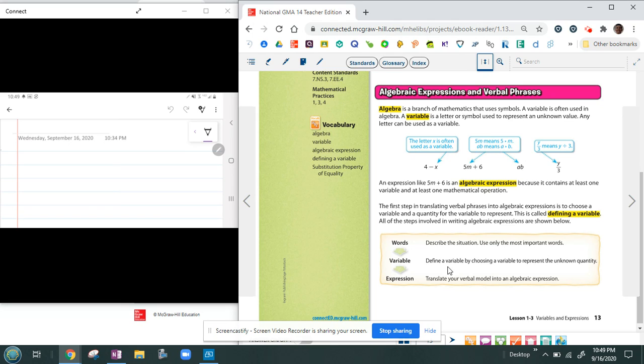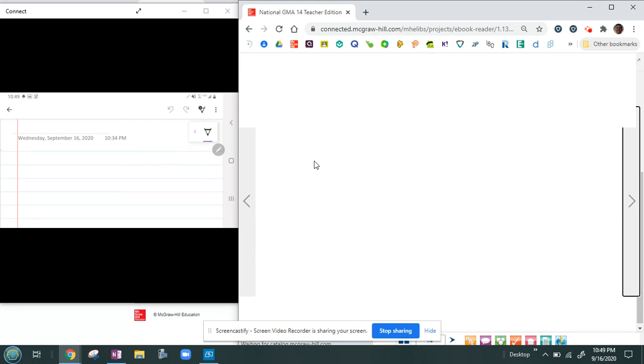Then we define our variable, choose what unknown quantity we need to represent as a variable, and we define it. And then we finally take that information and write it all really concise into an algebraic expression. Sounds like fun. Let's do it.